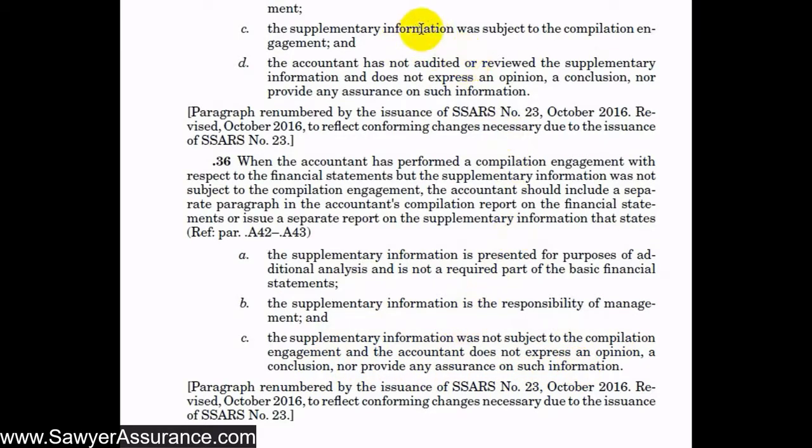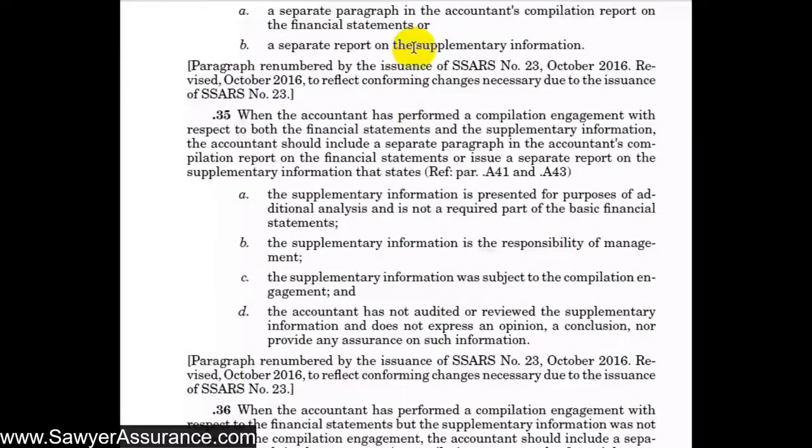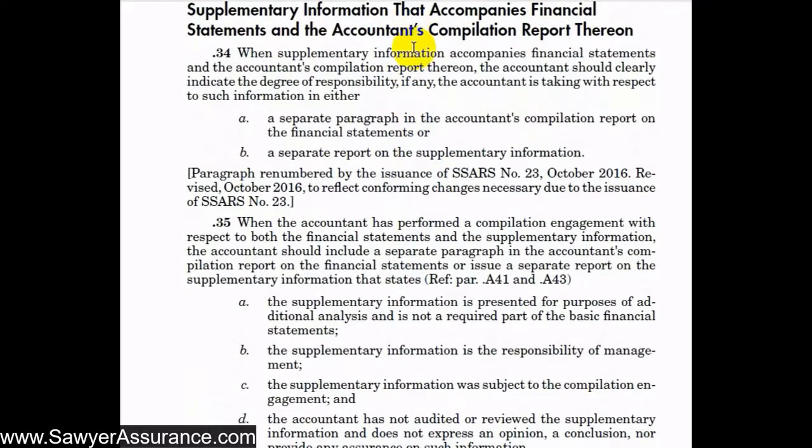So these basically contain the same statements. The only difference is this one says that the supplementary information was not part of the compilation procedures, and this one says that it was. So some supplementary information examples might be some type of schedule that supports the financial statements. In the case of construction contractors, there might be a schedule of uncompleted contracts in the back.